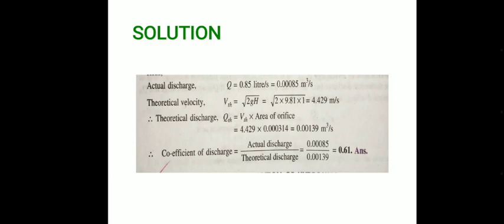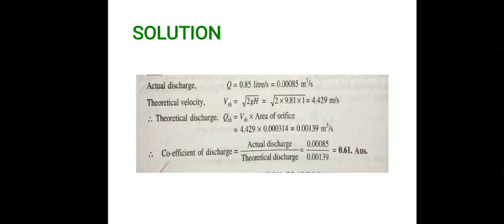Theoretical velocity Vt is equal to root 2gh, which is nothing but 4.429 meter per second. Also, we have theoretical discharge Q theoretical, which is equal to V theoretical into area of orifice. Finally, the coefficient of discharge is actual discharge by theoretical discharge.